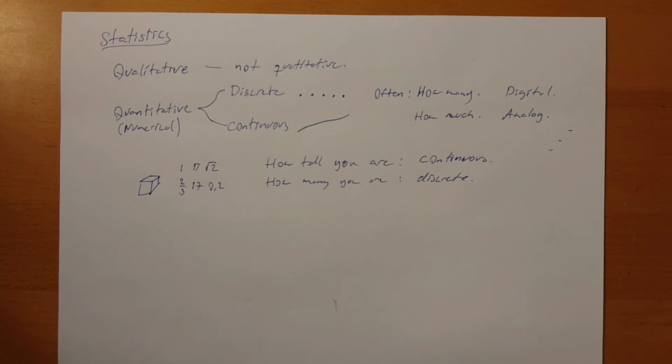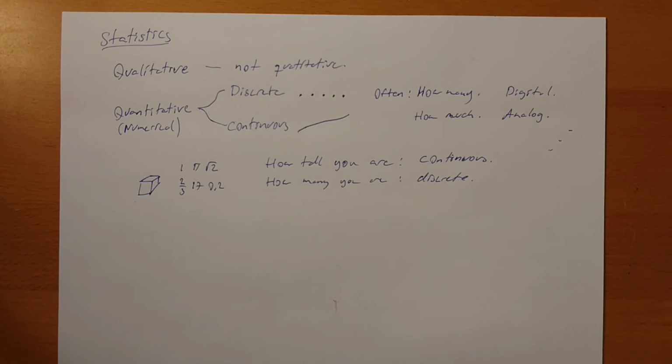And even numbers could be that, because if you ask people what their favorite number or lucky number is, you get a bunch of numbers. And the question is whether this is really quantitative data. One way you can figure that out is to ask whether it is meaningful to take the average of it. Say you ask a bunch of people and then you find that the average lucky number is 17.36. Does that even make sense?